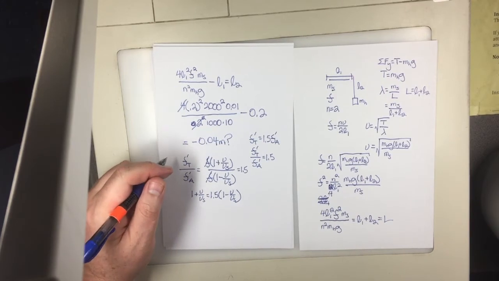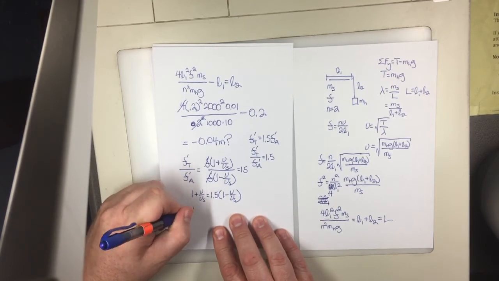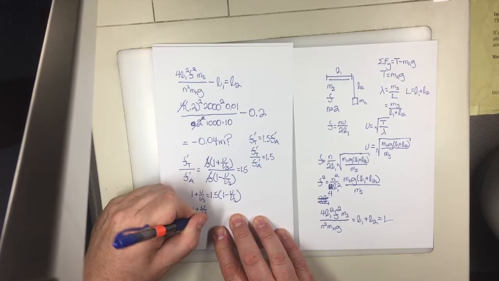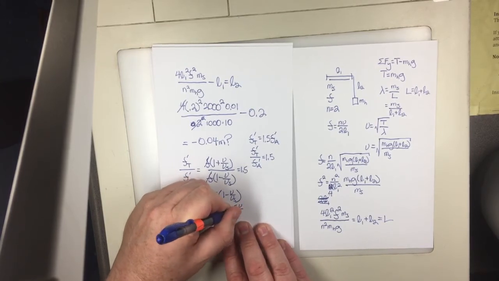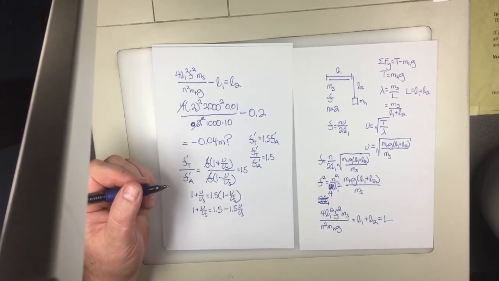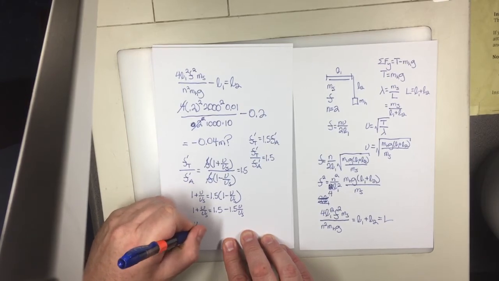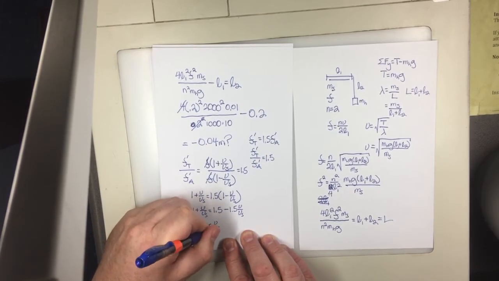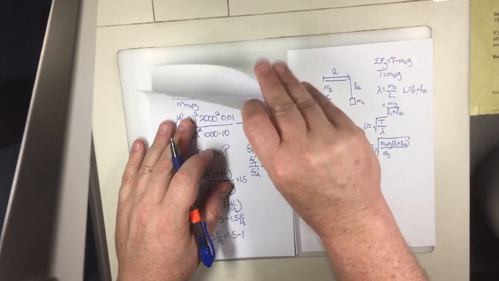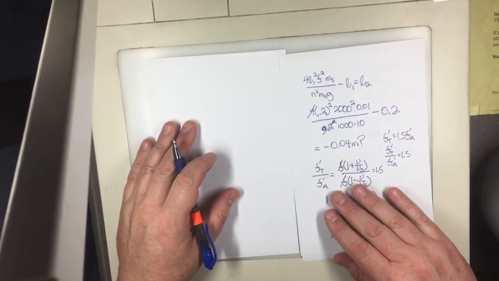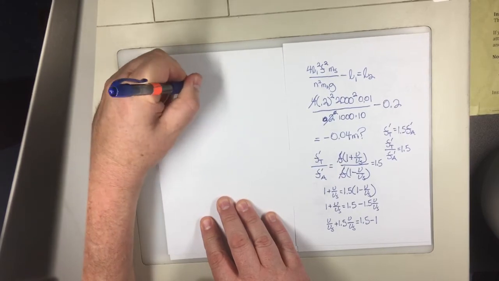What am I looking for? I'm looking for V. Distribute, get my V over Vs terms on the same side. So V over Vs, factor it out.